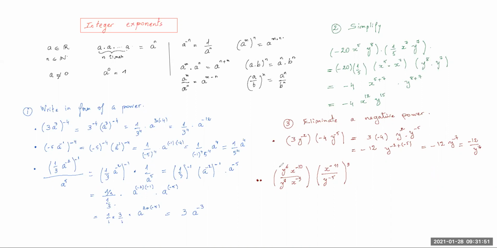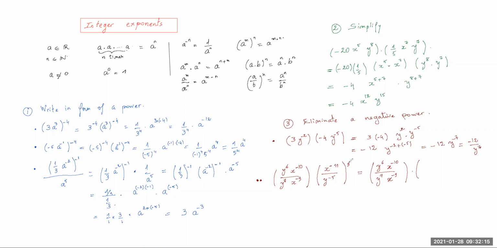Okay, so let's work inside each fraction, and for this one, we have a product. We have something like a over b, power n. We can separate the powers. So I keep the first one over y7 x minus 9. And then I work on this one.